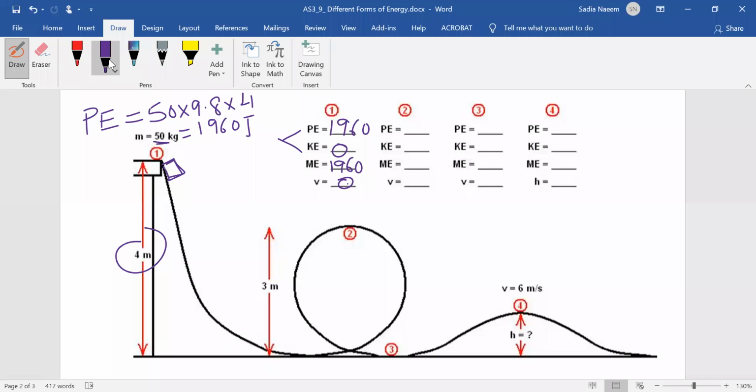So at all the different positions, ME is going to be exactly the same, the total of the two. But each energy can change, right? KE can convert into PE and PE can convert into KE depending on which height we're at. Ask me if you have any questions at this point, because I'm about to ask you to do the next few through chat.